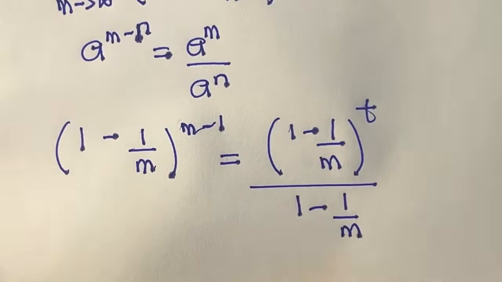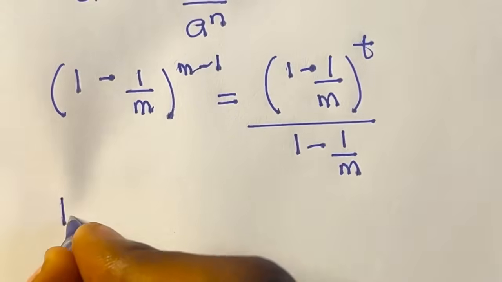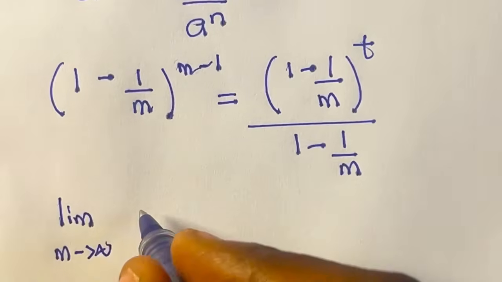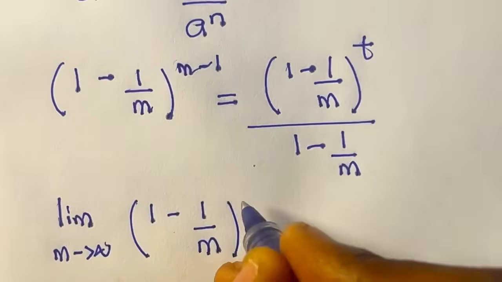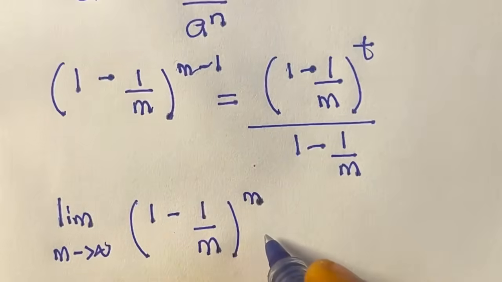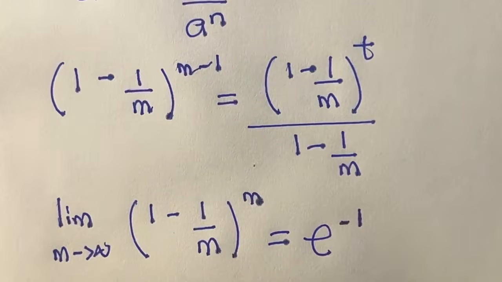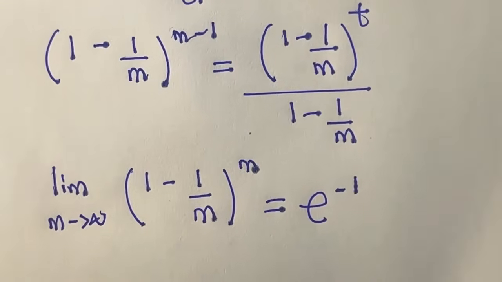But the limit as m tends to infinity of (1 minus 1 divided by m) raised to power m is exponential raised to power minus 1.